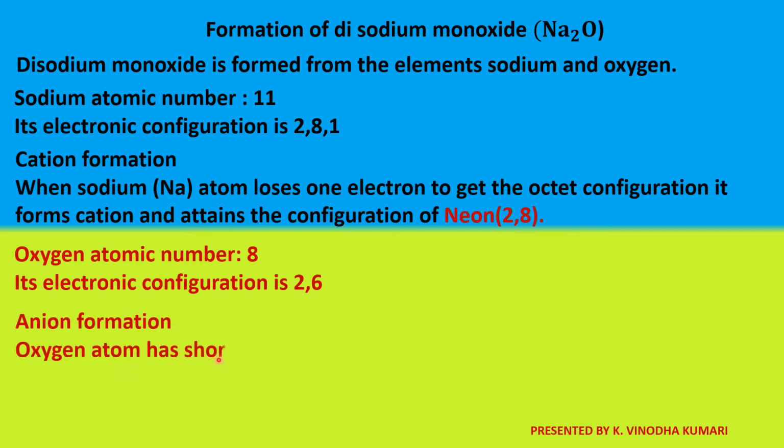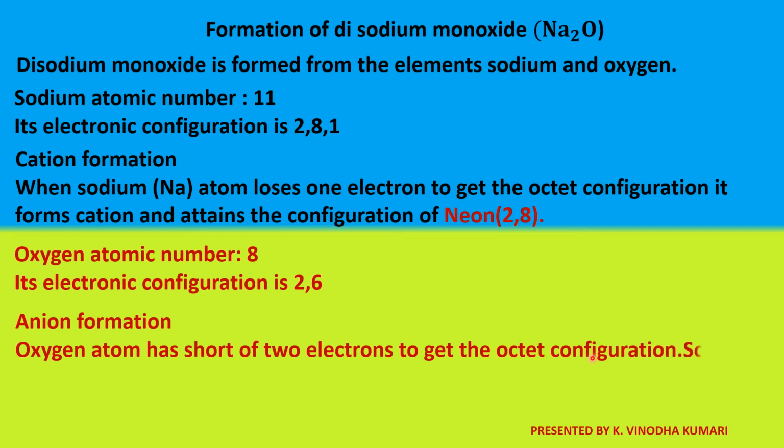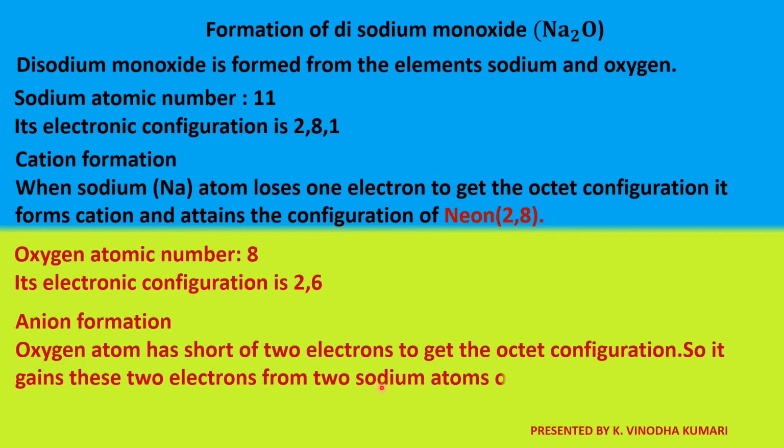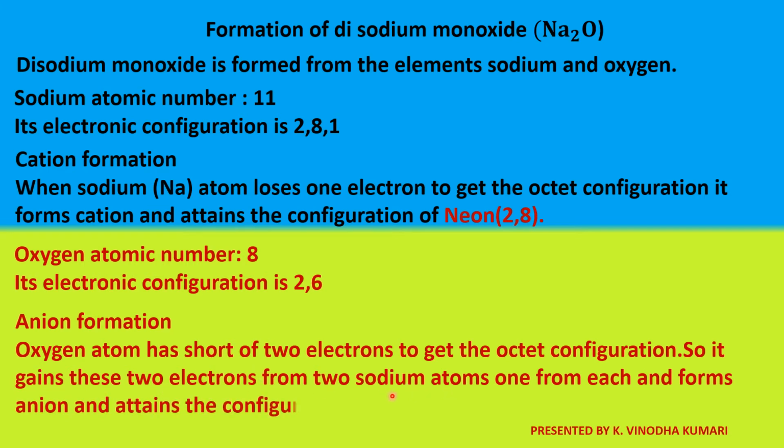Oxygen gains 2 electrons, 1 electron each from sodium, and gets the configuration of neon, 2, 8. That means two sodiums, because each sodium has the ability to lose one electron only, whereas oxygen requires two electrons. So from two sodium atoms, one from each, oxygen will gain and attain the configuration of neon.